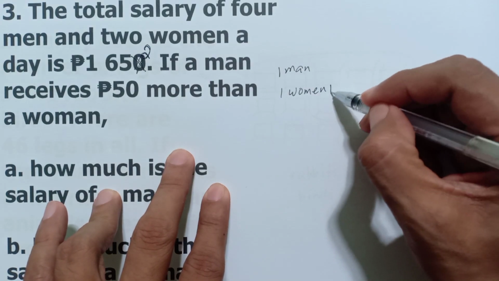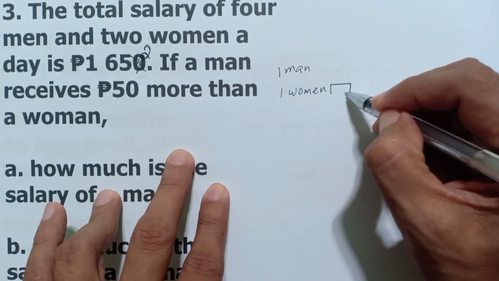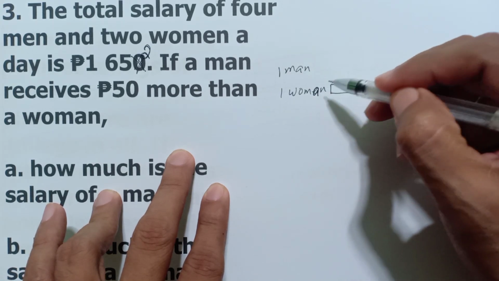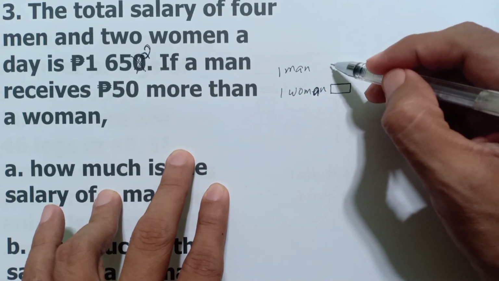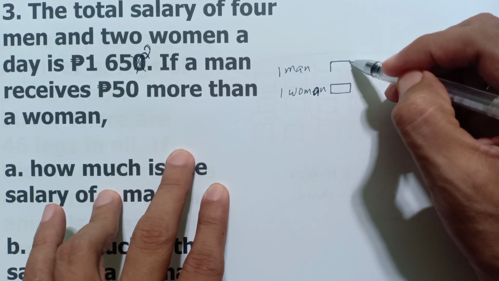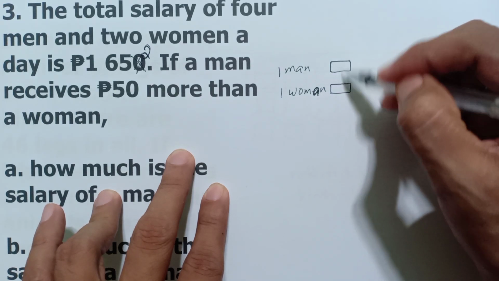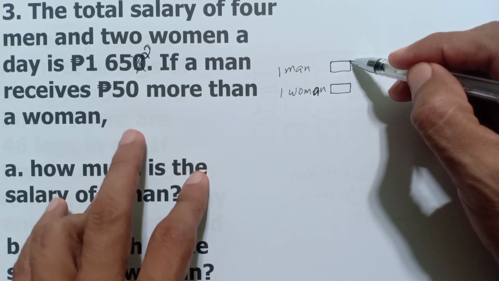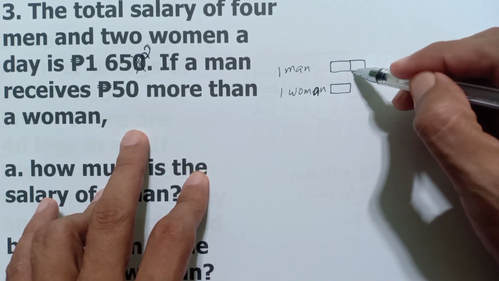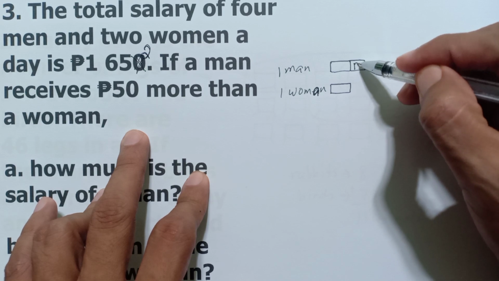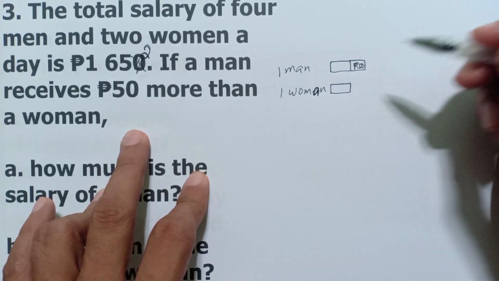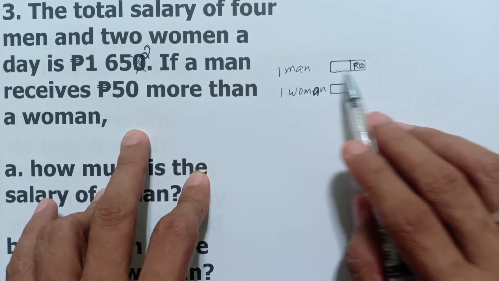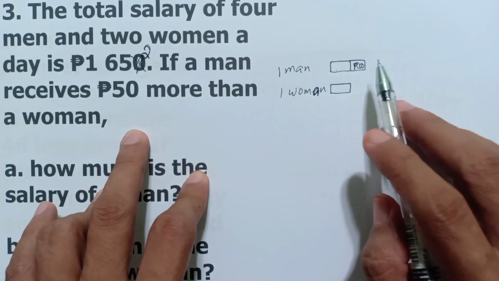If this block represents the money of a woman, and the man has this same amount plus 50 more, let's add 50 more here. Again, this is 1 man who has 50 more than a woman.